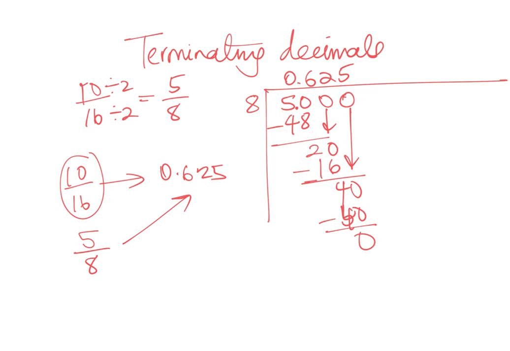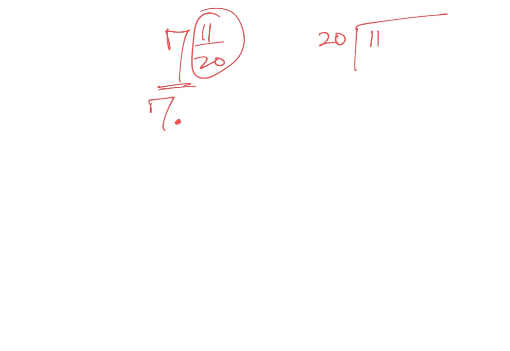The next section, they give you an example where you have a mixed fraction. So 3 and 7/20 is the example that they gave you. But we have a situation with 7 and 11 over 20. So you can just leave the 7 alone, 7 point, and then focus on the 20 and the 11. Okay, so then we use long division.